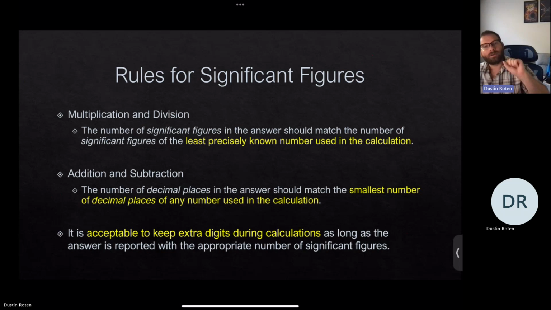So overall, if you're multiplying or dividing, you go with the least precisely known number in the calculation as far as sig figs. So multiplication and division, you're going by the sig figs of the data provided. With addition and subtraction, you're going to go by the decimal places of the numbers provided. When you're doing intermediate calculations, though, you can keep all the digits you'd like. What we're looking for here is just reporting your final answer appropriately.